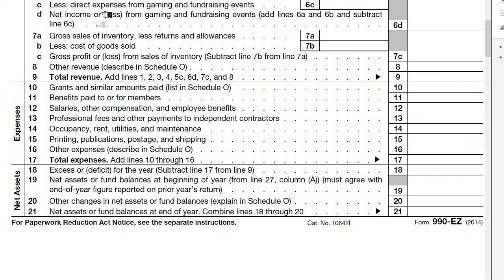So if you'll look here between line 10 and line 17, this is the section where you're going to identify your expenses. You're going to list all your expenses.